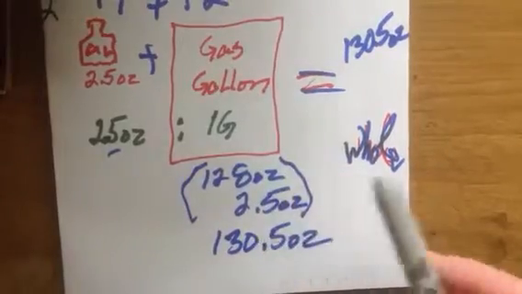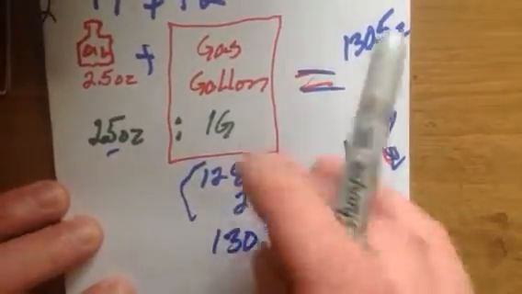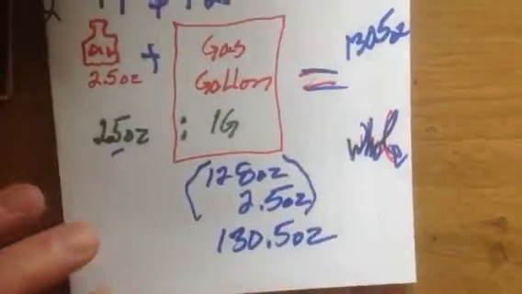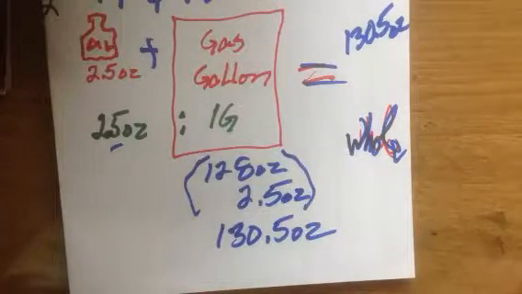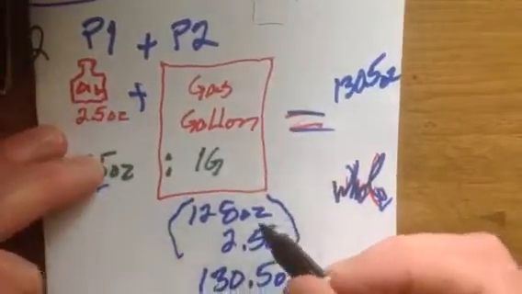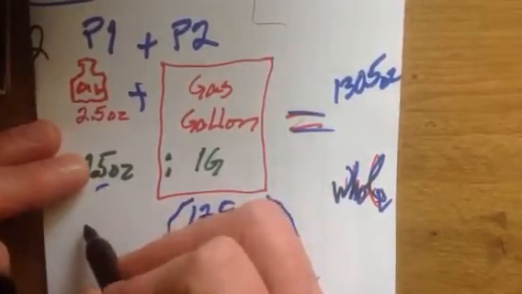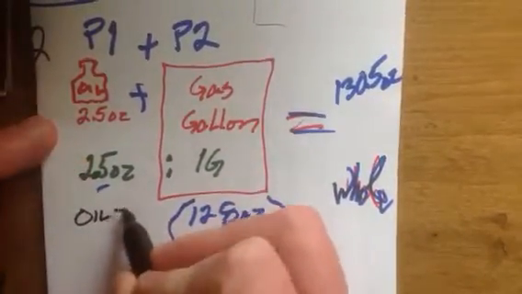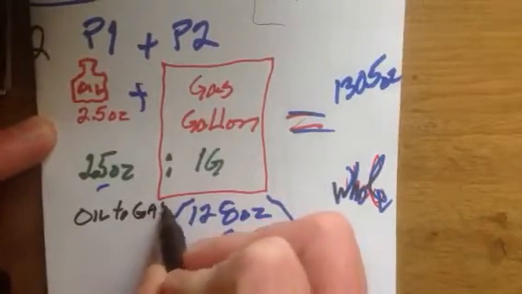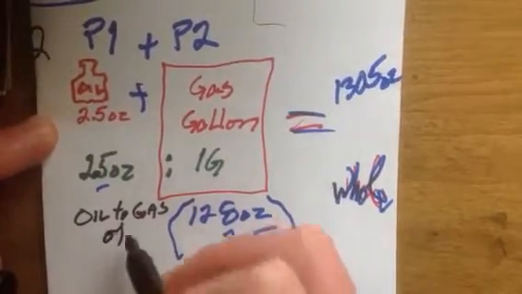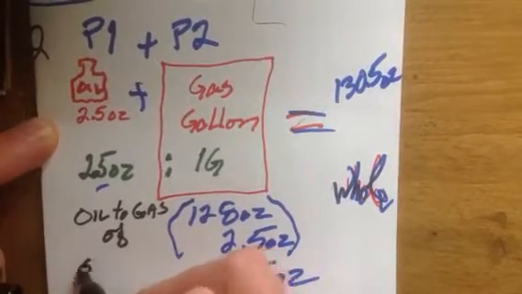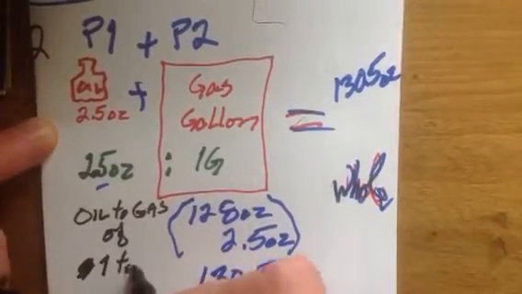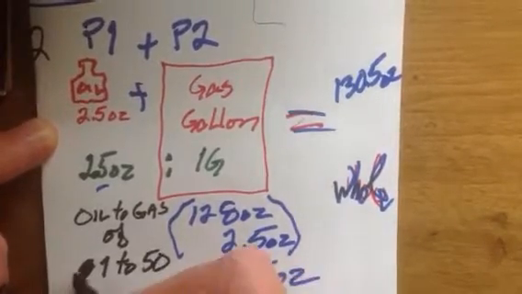Anyway, hopefully this helps, because when you start to look at things like, you might hear this proportion, which actually turns out to be, and if you do the arithmetic, you'll figure out that this is true, a ratio of oil to gas of 1 to 50.